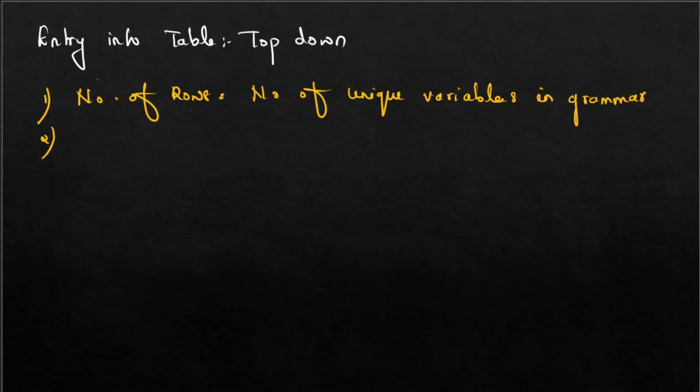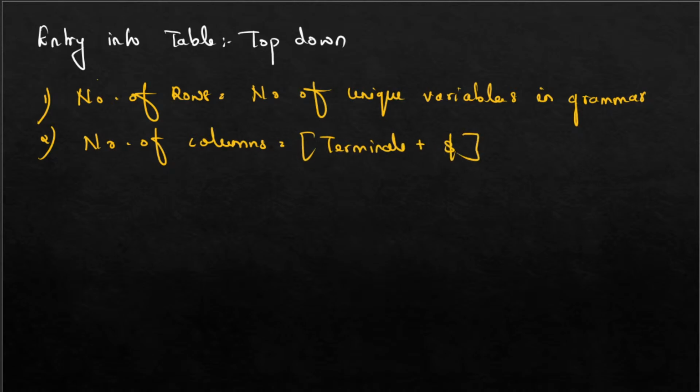Second is the number of columns, which equals terminals plus the dollar symbol.